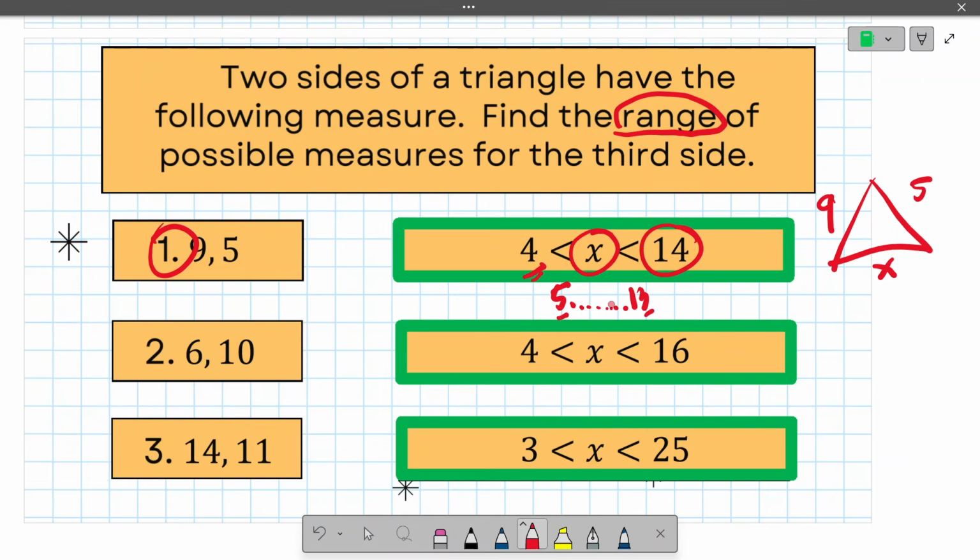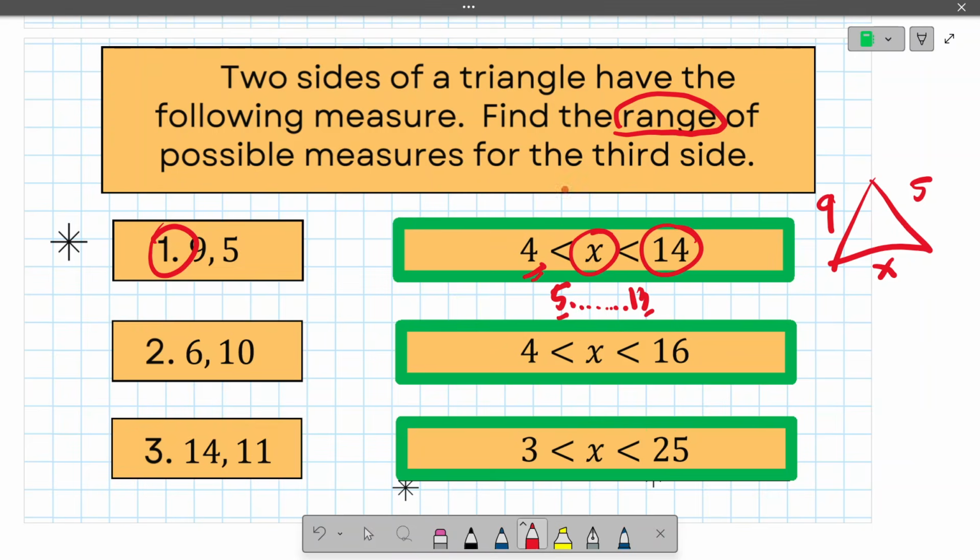So if we are going to test this, let's choose 9. Di ba? If we are going to choose 9, 5, and any number in the range, let's say 9 plus 5. 9 plus 5 is 14.